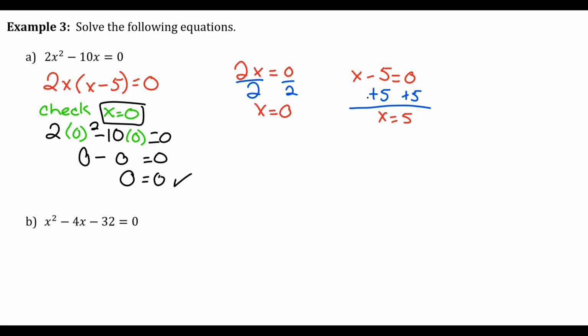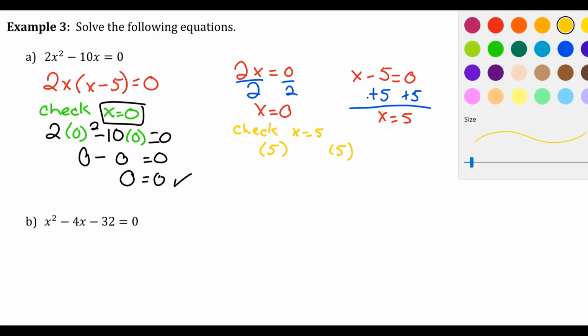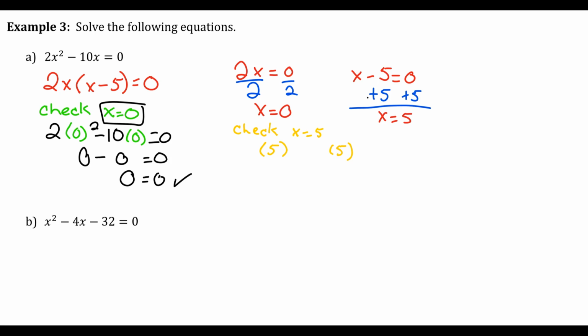Let's now check with x equaling 5. Okay, so I'm going to have a 5 here and a 5 here, because whenever I plug in my 2x squared minus 10x, the question is, does that equal 0?